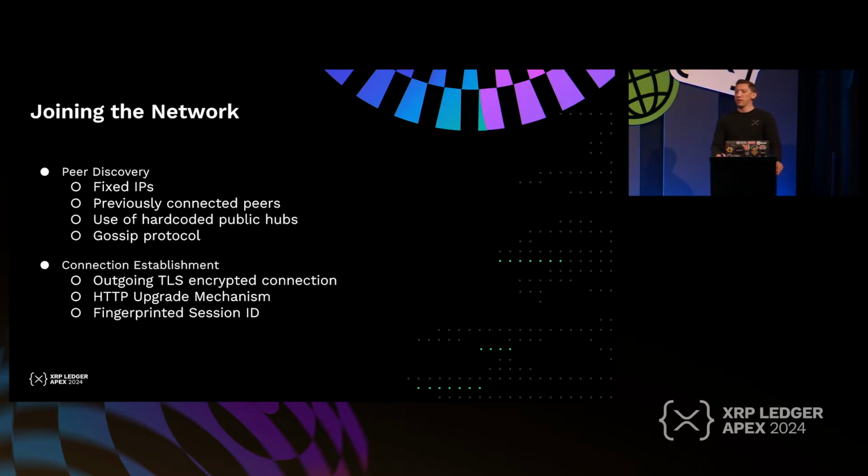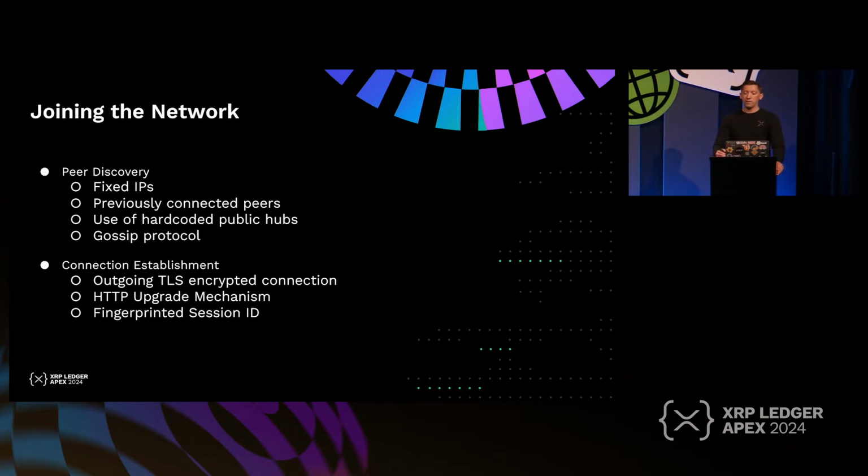The probability of actually establishing a connection with a public hub is pretty low because their connection slots are usually fully filled up. But instead of just declining your connection, they'll respond with a set of peers to connect with.